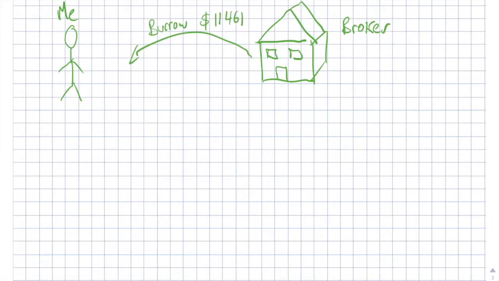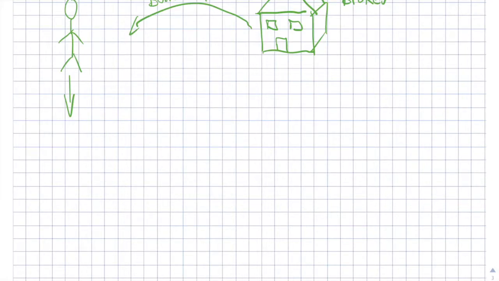$11,461 from him. Okay, so he lends me that, and with that I can buy 10,000 euros. Or if it helps you to understand, think of a box that is worth 10,000 euros. It's fixed in value.